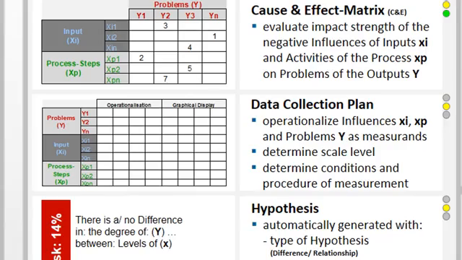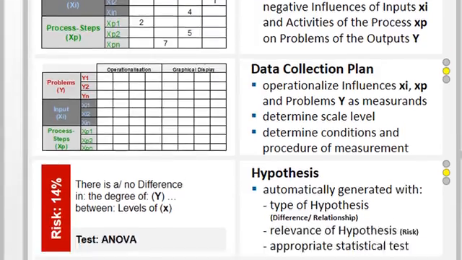Now the prioritized influences and problems from the cause and effect matrix are operationalized in the data collection plan. This means that the corresponding measurements and their units of measurement are specified, as well as their scale level as cardinal, ordinal, or nominal.